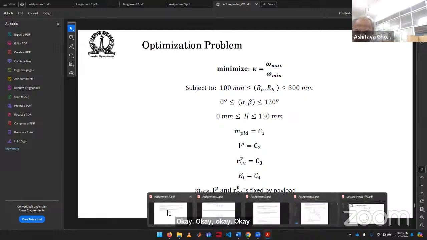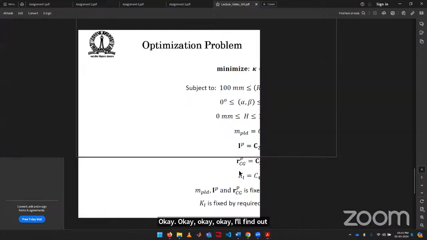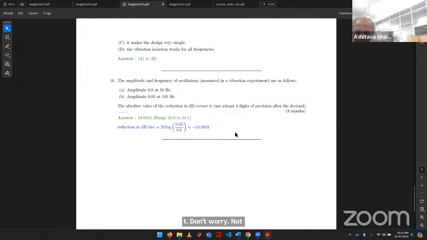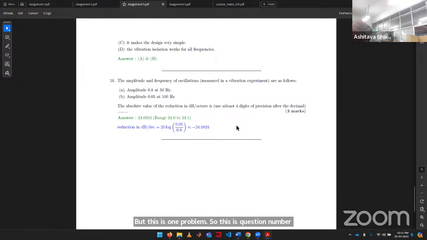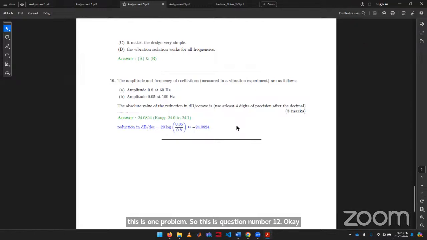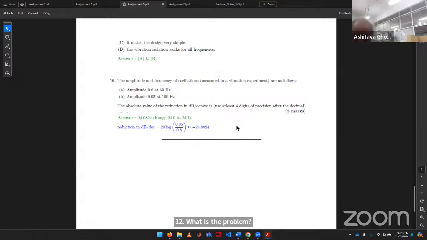Sir, in 16, the formula as shown in the solution is 20 log 0.05 by 0.08, and then we were taught in the problem session that we also have to divide this by log of frequencies 100 by 50. The answer which we got was 80.0066, which was completely wrong. Yes, of course wrong.